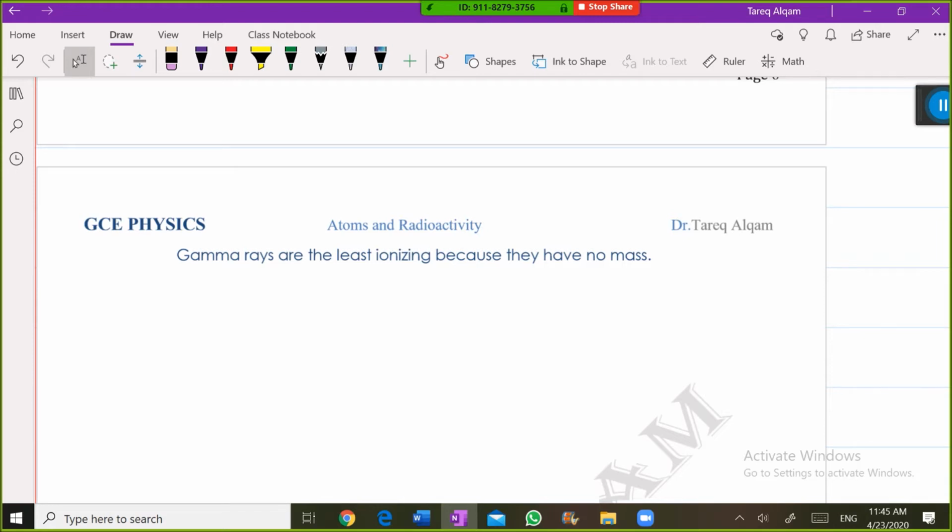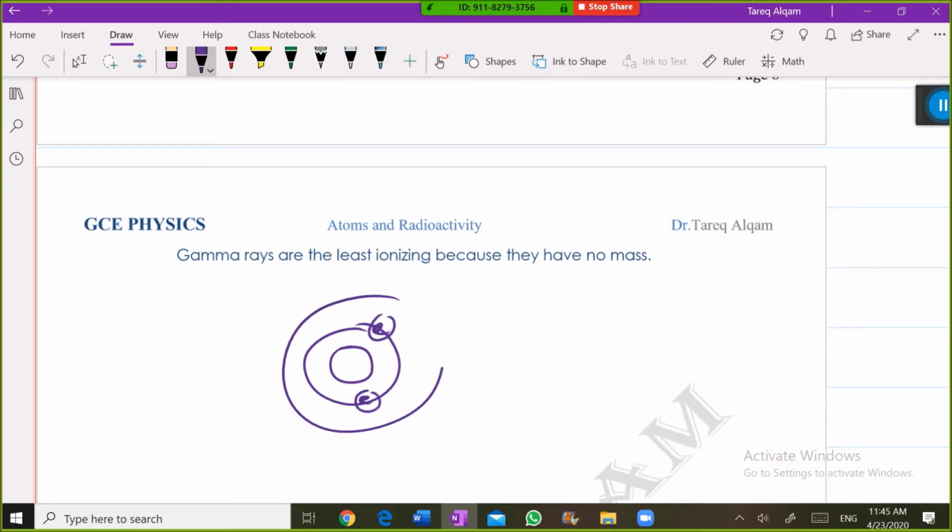Let's say I have here an atom. It consists of what? Electrons and so on. This is the nucleus. Here we have electrons. Let's say these atoms are exposed to radiation, alpha, beta, gamma, no matter what the type of radiation is.